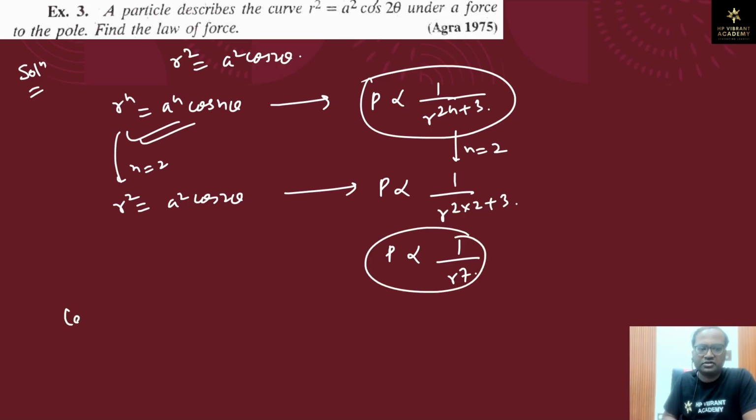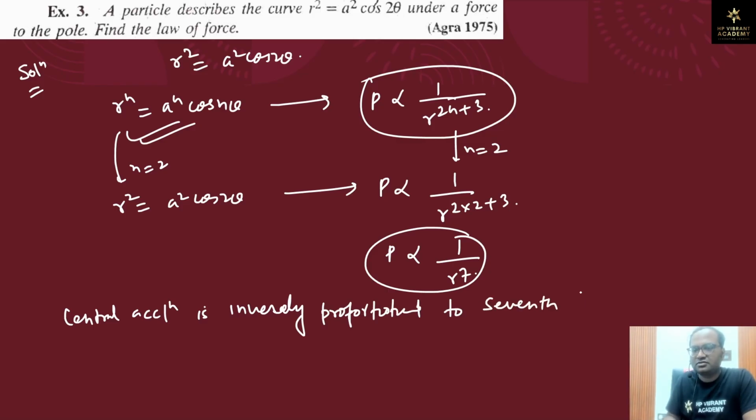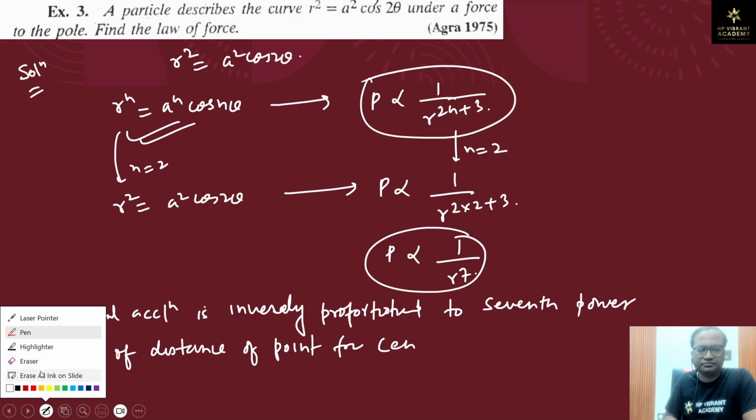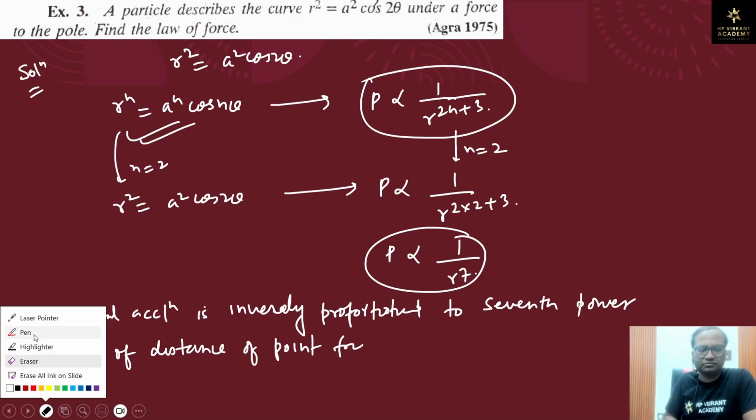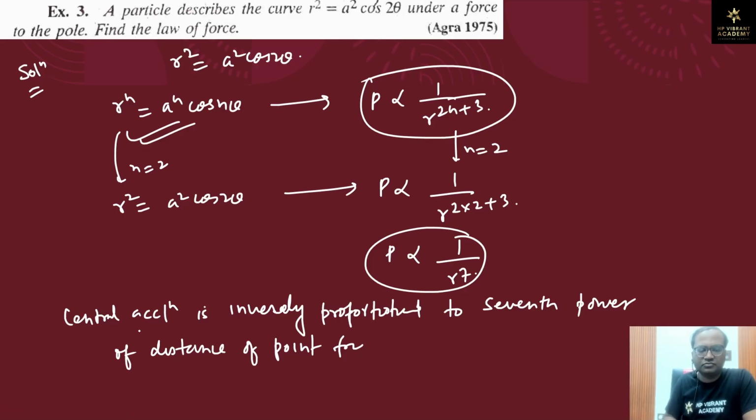Okay, so the central acceleration is inversely proportional to the seventh power of distance of point from pole.